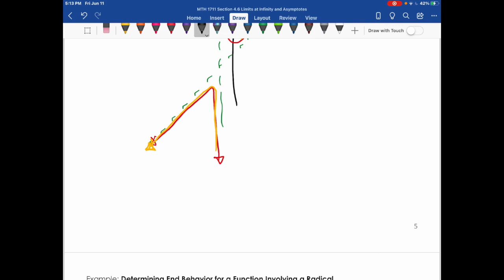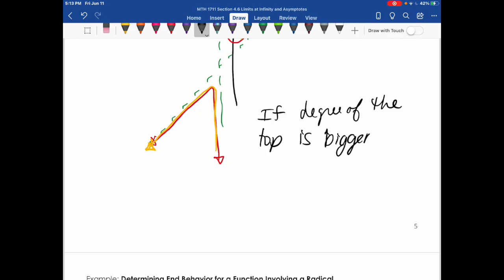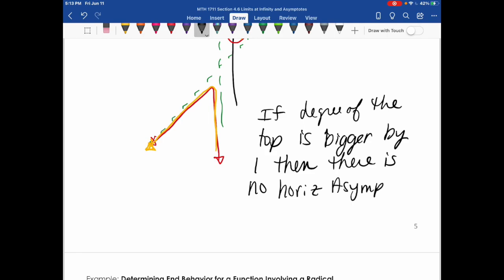Then the last rule said if the degree of the top is bigger by 1, then there is no horizontal asymptote. We have a slant asymptote instead.